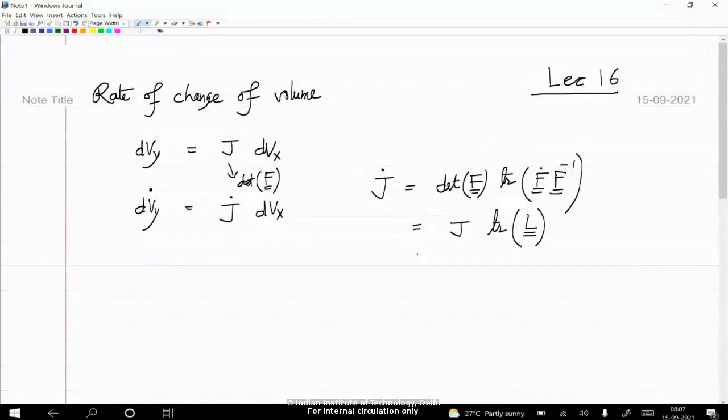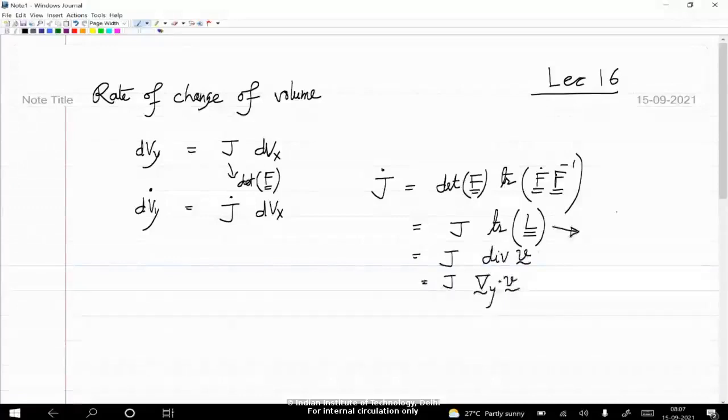So we can also write it as J times divergence of velocity, isn't it? Which is also written as J times gradient with respect to y dot with velocity.